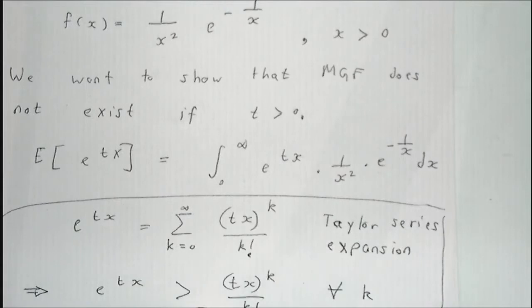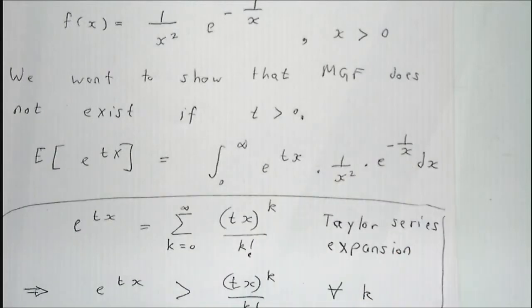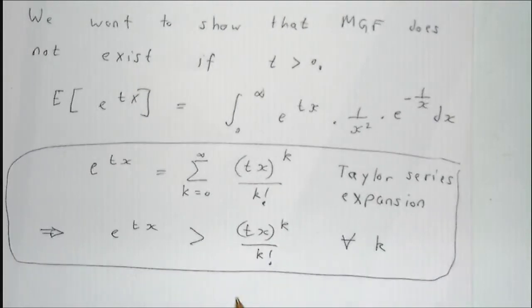Now, I'm going to use this inequality to show that this integral is equal to infinity. The trick here is to choose the value for k, where k is any number from 0, 1, 2, up to infinity, so that this integral becomes equal to infinity. In your case, since you don't have the experience, you need to do it by trial and error.